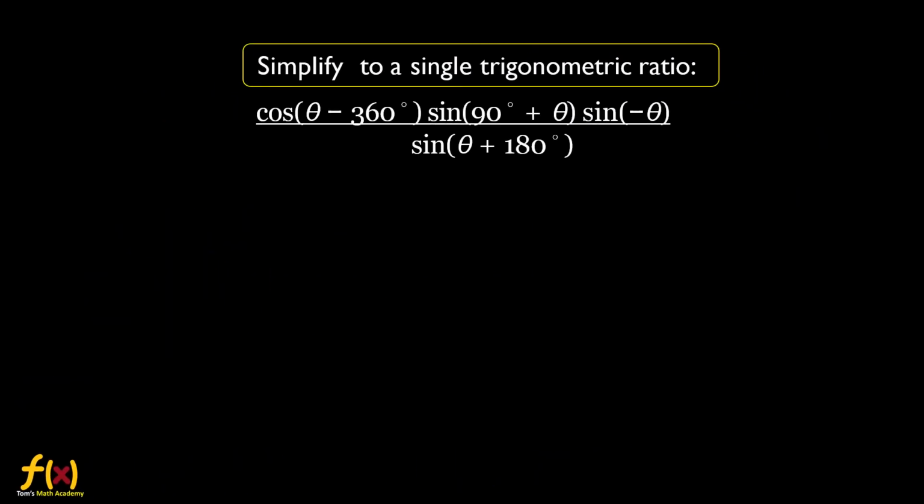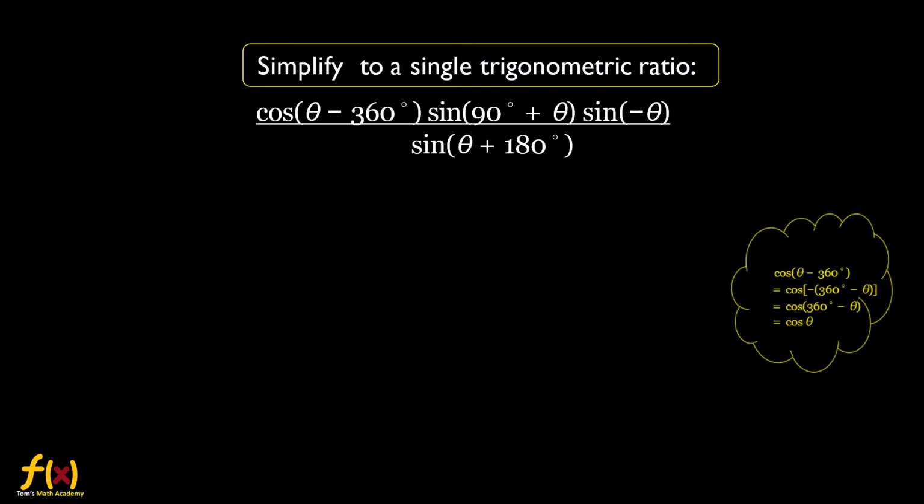Another beautiful important question. Simplify to a single trigonometric ratio. Cos of (theta minus 360). It is not 360 minus theta, it is theta minus 360. What do we do now? We have to change it into 360 minus theta. So we make use of a minus sign outside the bracket.